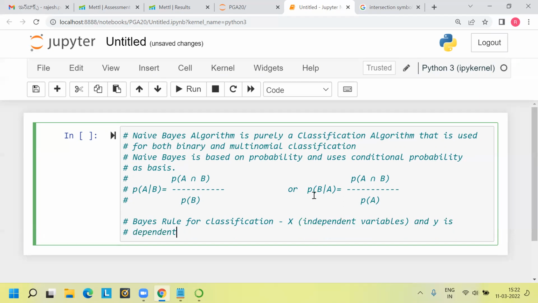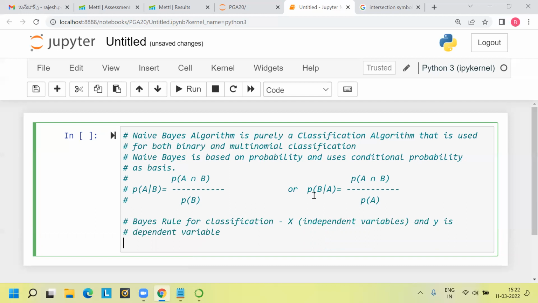Dependent variable. If there is only one independent variable, then the Bayes rule for classification.